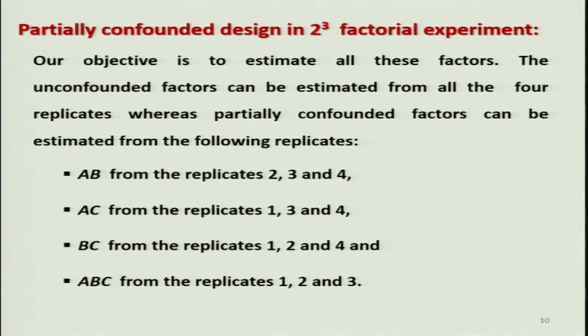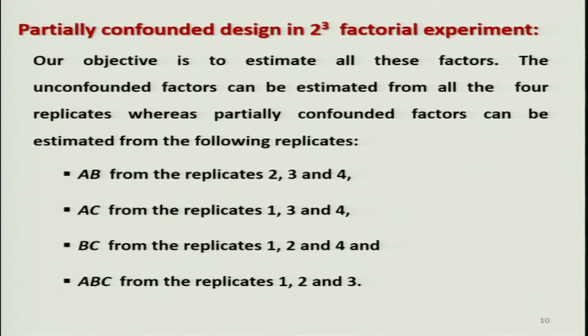If you remember, in the earlier lecture we had considered the estimation of the factor A, assuming that it is not confounded. The same type of estimation will be executed here also, and those effects which are confounded are going to be estimated from those replicates where they are not confounded.